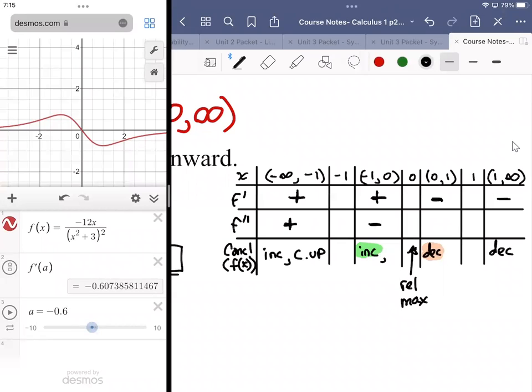So that's concave down. There's a little transition there. The transition from concave up to concave down means that we're dealing with a point of inflection. Then from 0 to 1, still negative. So 0 to 1, my values are still negative. Concave down.